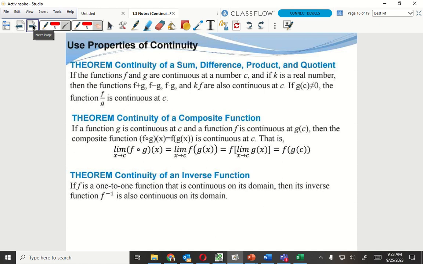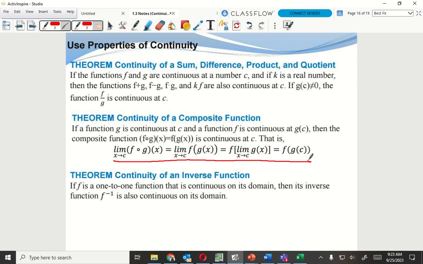All right. Properties of continuity. These composite functions, I'm pretty sure we're going to have to do a whole bunch of these that are one-to-one, because this is going to be a big part of the AP exam. I could read this to you all day long and you're not going to understand any of it.